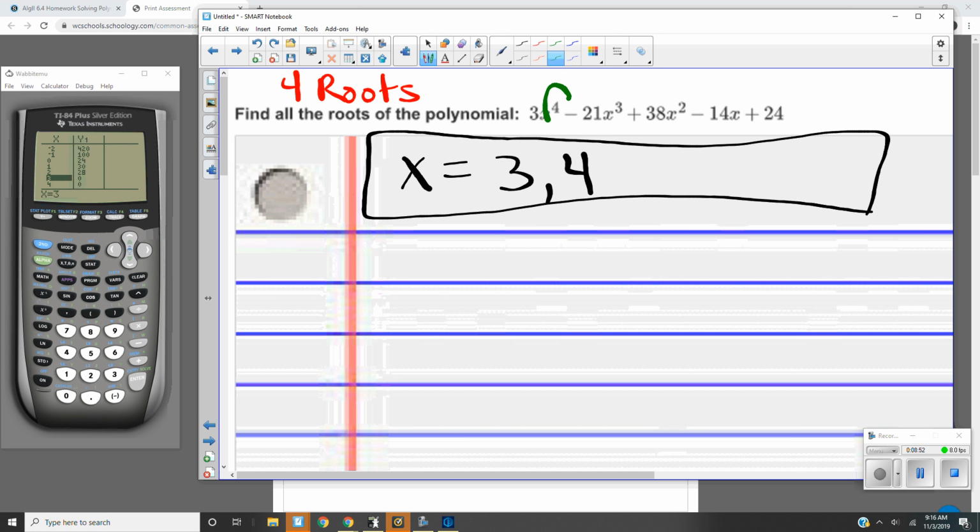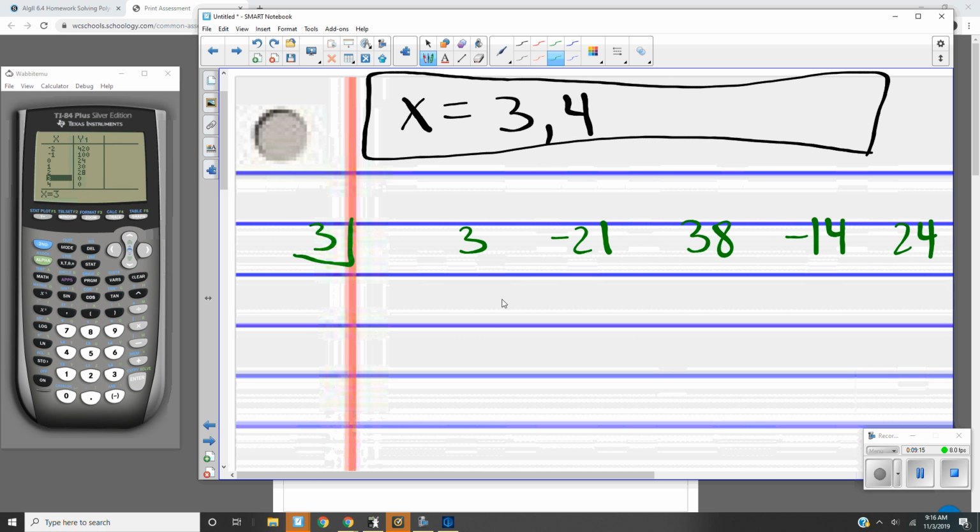But we can't do quadratic formula until it is a degree 2 problem. So I'm going to divide this original problem using synthetic division. We should not get a remainder here if we've done it right.